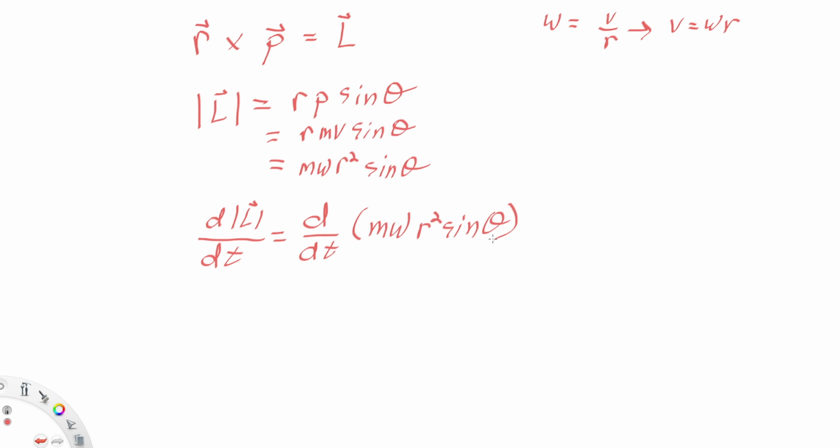We've got 4 quantities inside the parentheses. Which ones are constant and which ones actually change with time?